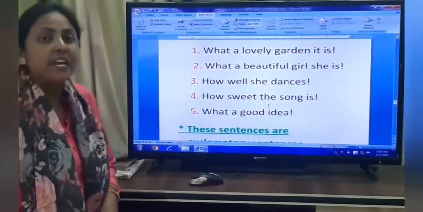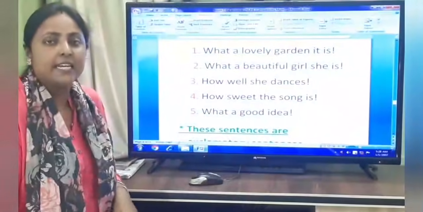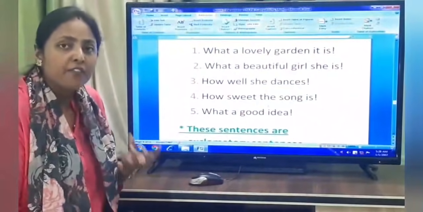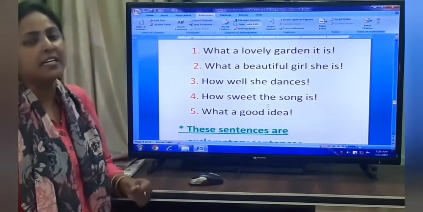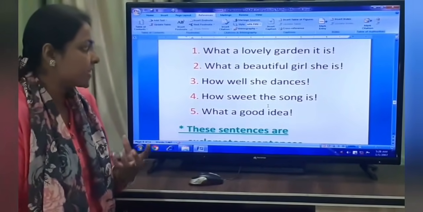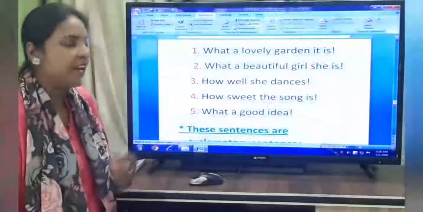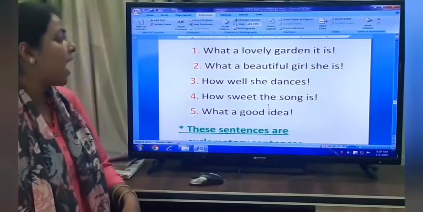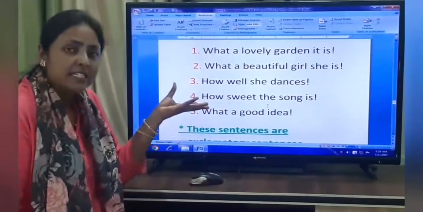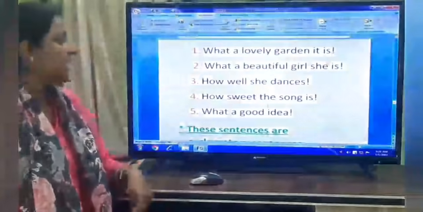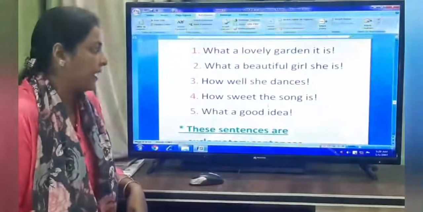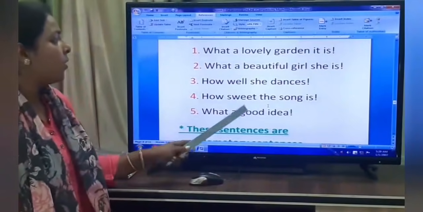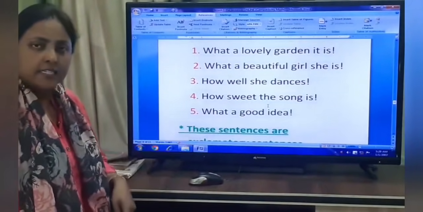What a lovely garden it is. It expresses a strong feeling. What a beautiful girl she is. It expresses a strong feeling. How well she dances. This sentence also expresses a strong feeling. How sweet the song is.